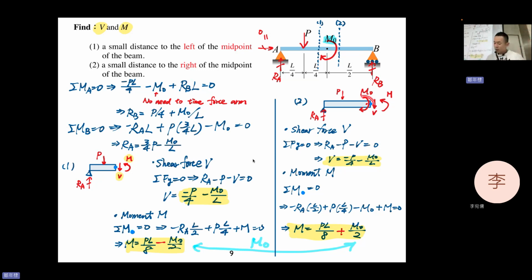So when you have a clockwise M0 applied, your M needs to have a counterclockwise M to cancel each other, which means it will directly affect the moment inside the material. So your external moment has an immediate effect on the moment.